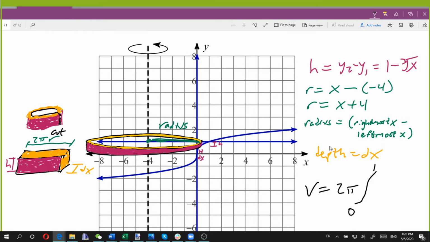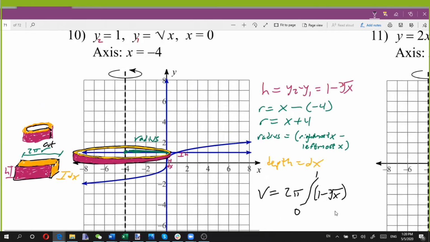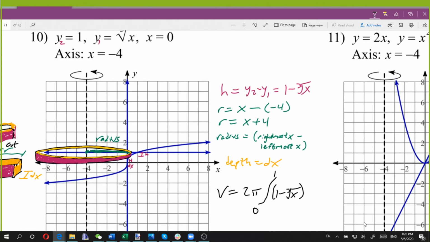And 1 minus the cubed root of x. Okay, 1 minus the cubed root of x, multiply x plus 4.